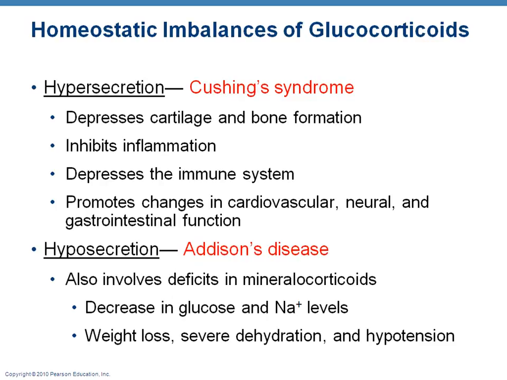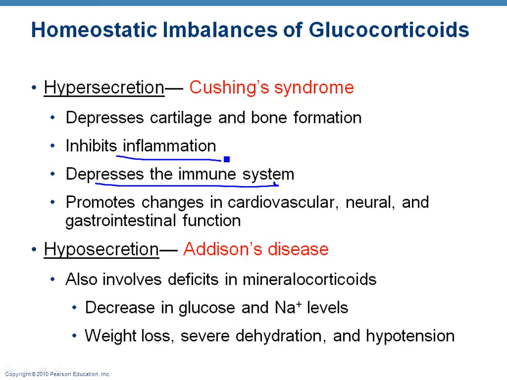And what's interesting about this hypersecretion is that sometimes we do this artificially. There's a picture coming up of somebody that's suffering from Cushing's syndrome, and they have it in the book, but a lot of times people are given cortisol if they have an autoimmune disorder. So if it depresses the immune system, if you give somebody whose immune system is attacking their joints or any of the cells in the body, it's going to depress the immune system.